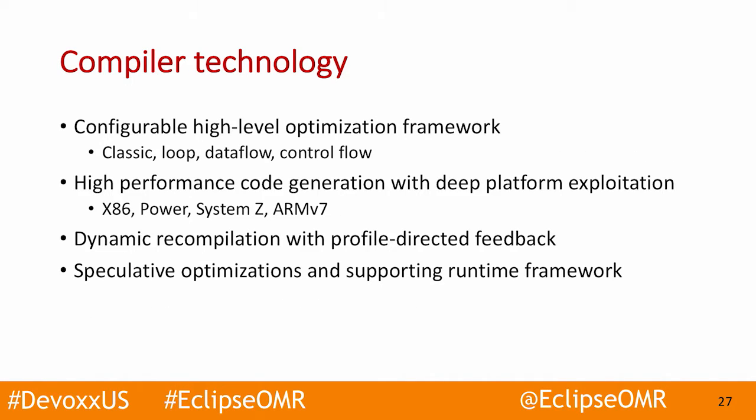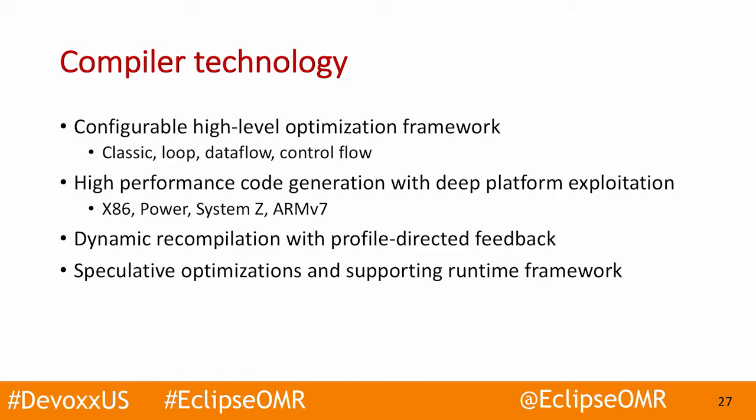It does have the kinds of optimizations that you would expect any modern optimizer to have. A lot of high-level optimizations, classical stuff, loop optimizations, data flow, speculative, control flow, that kind of thing. It generates code and does deep platform exploitation for a variety of different platforms. So it does the traditional x86. It does 32-bit ARM, but unlike some other systems, it does handle Power and System Z as well.